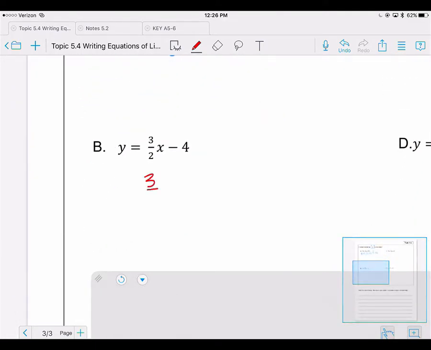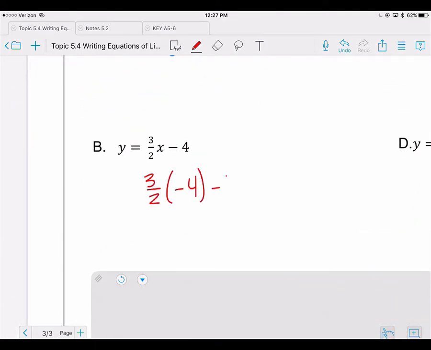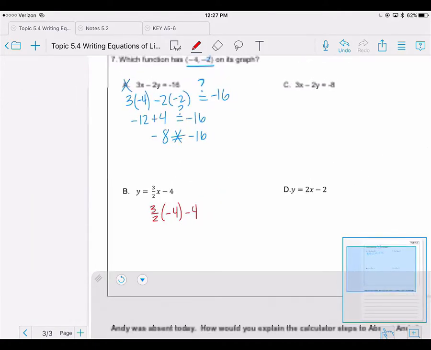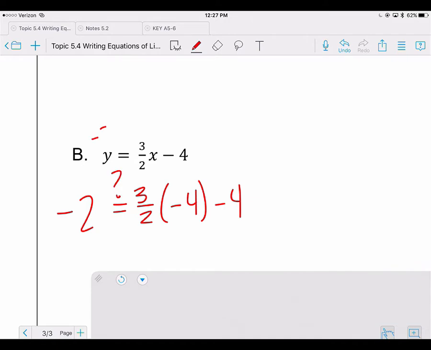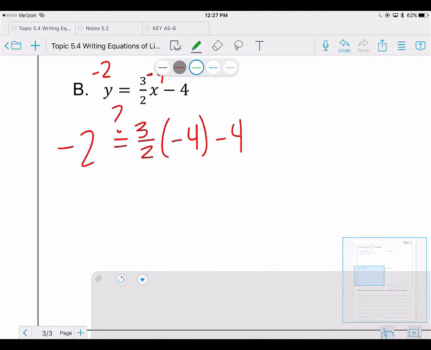Answer choice B, if I plug in negative 4 for x, will I get negative 2 for y? So again, I'm plugging in negative 2 here, negative 4 here. 3/2 of negative 4 is negative 6.